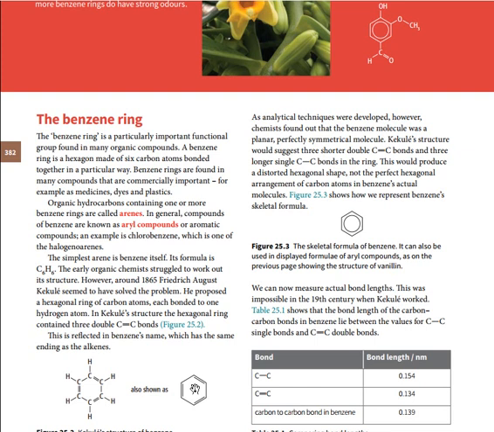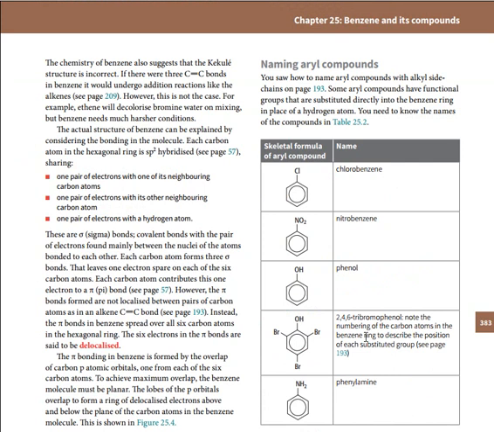So benzene has a structure of its own which is not accounted for by the Kekulé structures. This is why most of the time you see the diagram of benzene drawn as such.